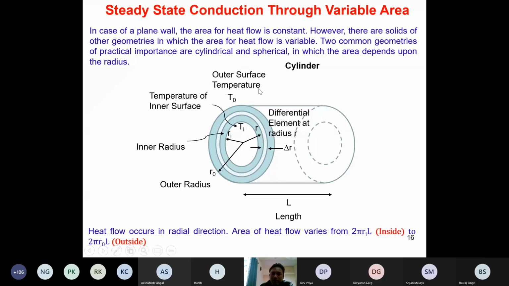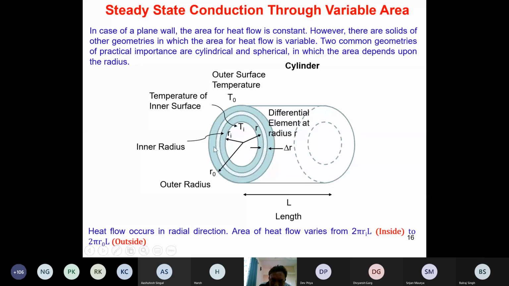So let's take the example of a cylinder. Again, here we are looking at the temperature inside this hollow cylinder as Ti. The temperature outside of this hollow cylinder is T0. There is a heat transfer taking place between the outside and inside. Again, the outer radius is R0, inside radius is Ri, and in order to solve this particular problem, since the heat transfer area is varying, we have to make a shell balance here. So let us consider an element, or a cylindrical element or a shell, at a radius of r.